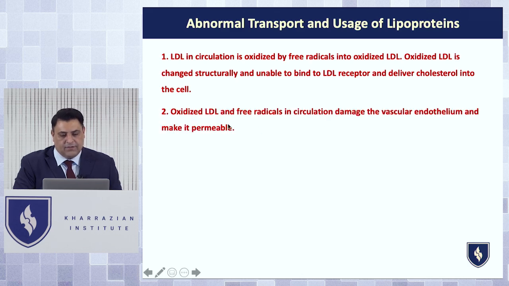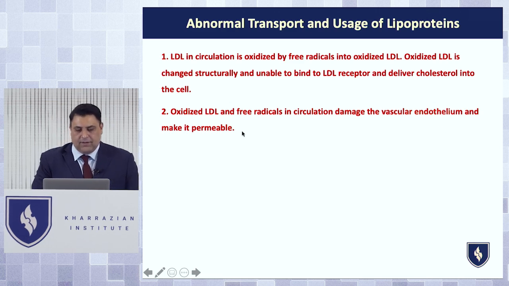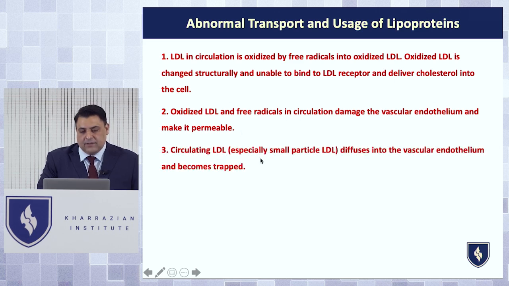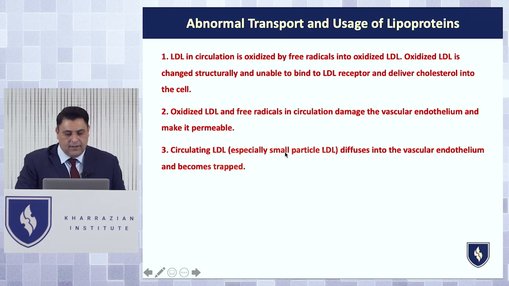Oxidized LDL and free radicals in circulation damage the vascular endothelium and make it permeable. So you get a leaky blood vessel. Circulating LDL, especially small particle LDL, diffuses into the leaky vascular endothelium and becomes trapped. That's why there's a big emphasis on small particle LDL.